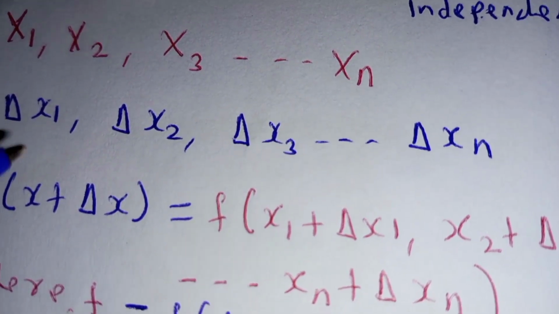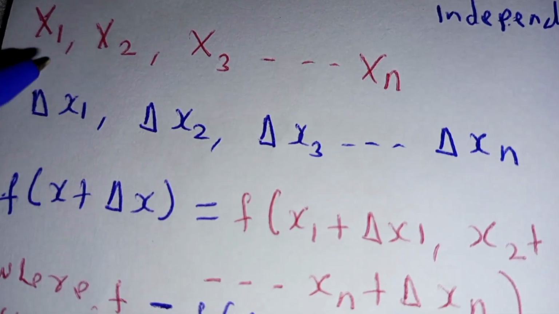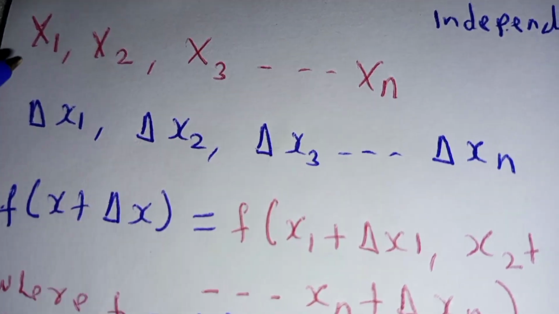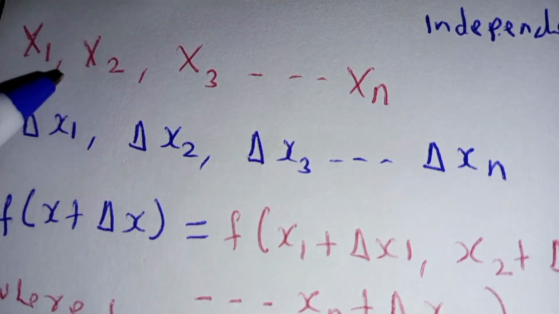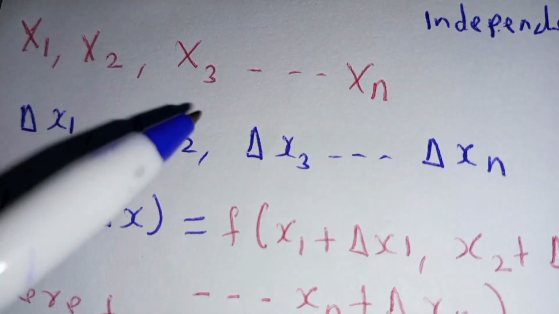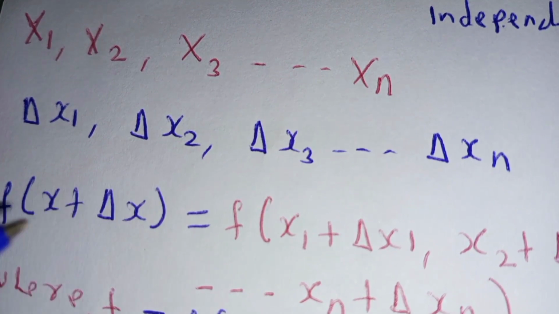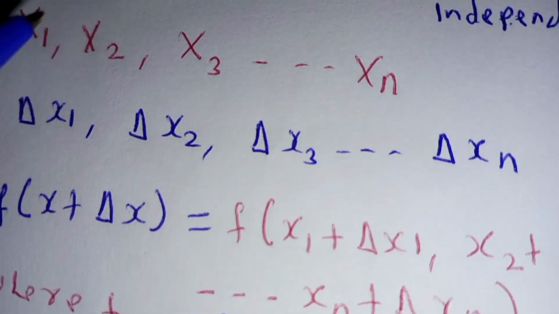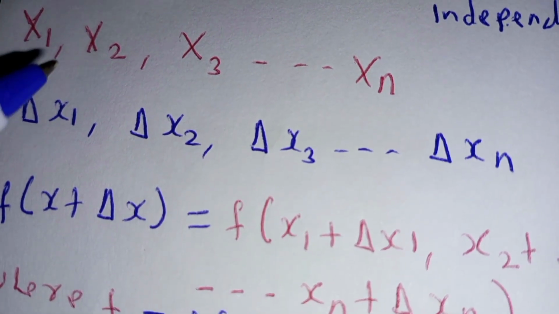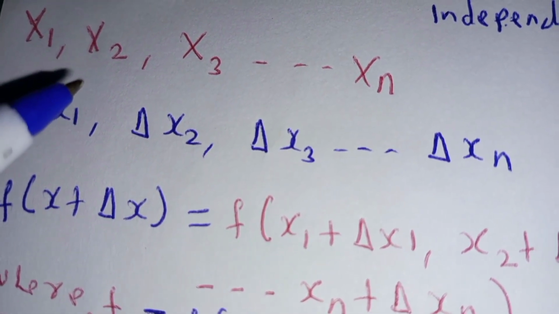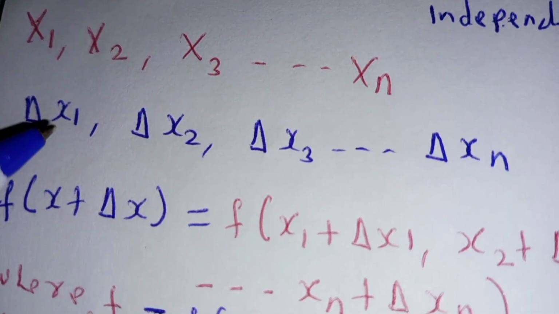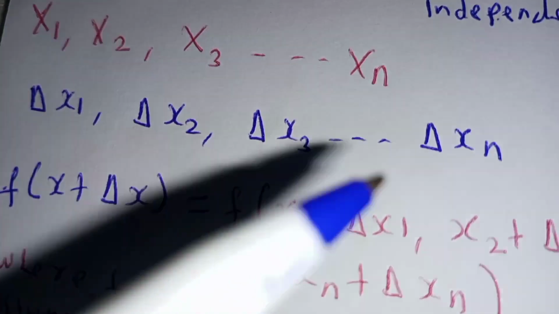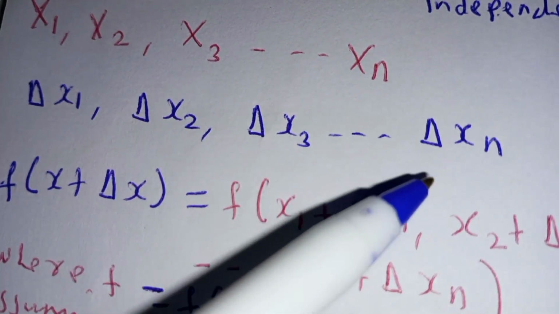We are going to consider several independent variables, and we are labeling them here as x1, x2, x3, all the way to xn, whereby n is the number of the variables, and these independent variables are subjected to the errors as follows: change in x1, change in x2, change in x3, all the way to change in xn.